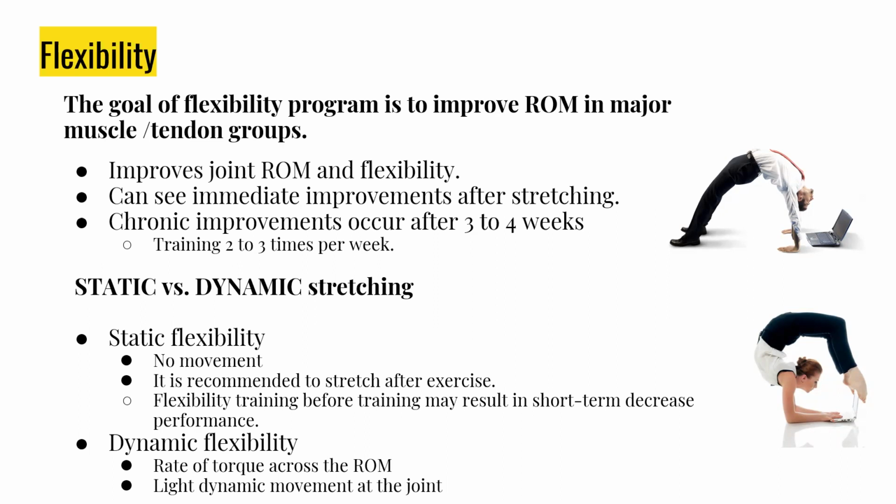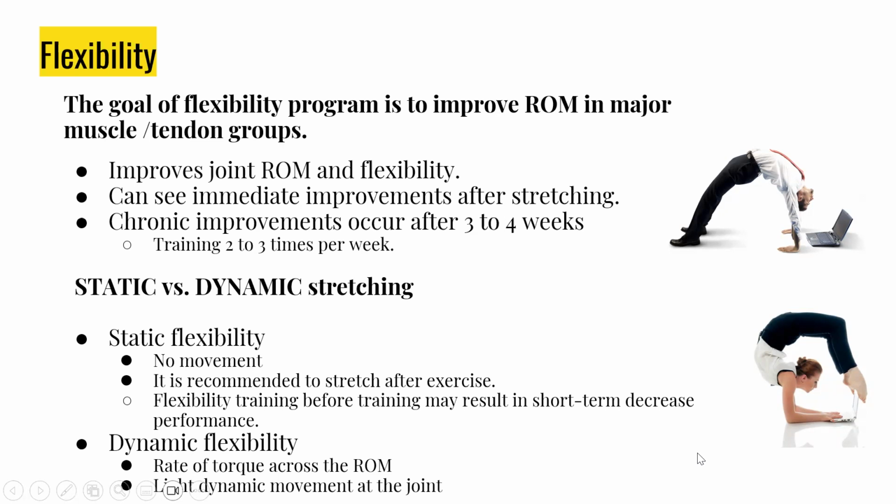Dynamic flexibility, this is where there is some sort of movement included in that stretch and in that joint. So for example, arm circles, leg swings, lunges, even simple body weight squats, where you are improving that range of motion and there is a rate of torque across the range of motion.